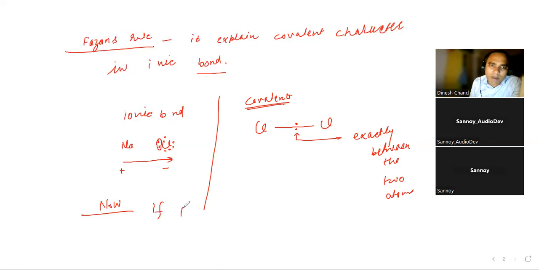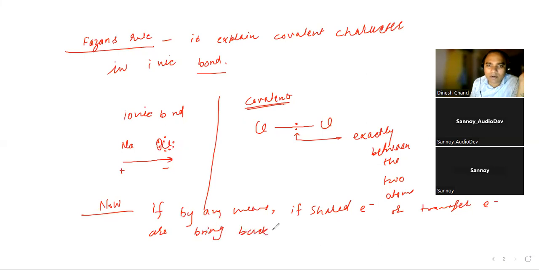Now the concept starts. If by any means the shared electrons, or the transferred electrons, are brought back towards the center of both atoms, then it has covalent character.